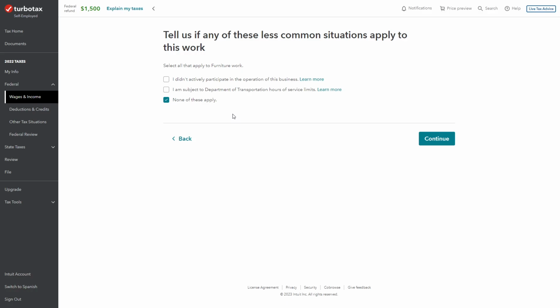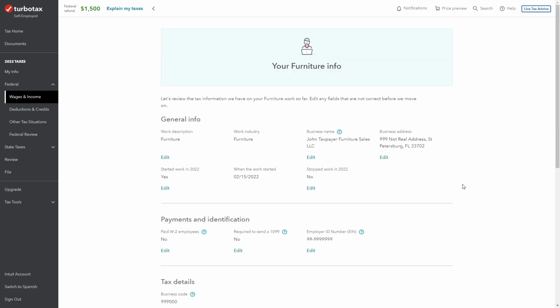There are things like passive activity loss limitations, and rules about offsetting passive activity income with other types of passive activities. So in our case, no, right? We actively participate in this business. We're the sole owner, so none of those apply. And DOT hours of service limits don't apply to us either.